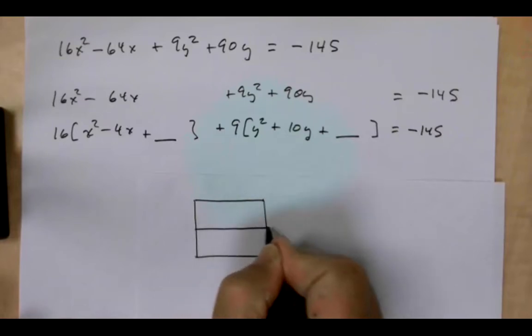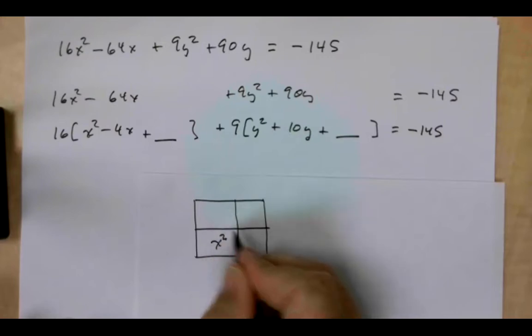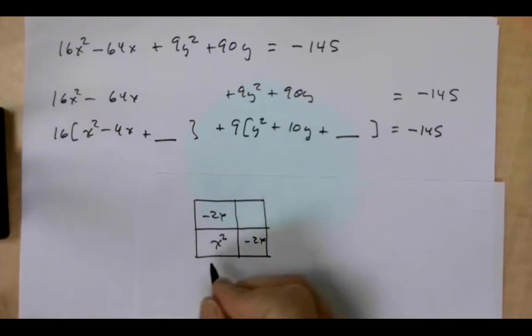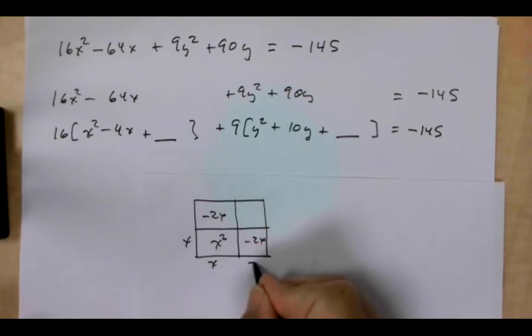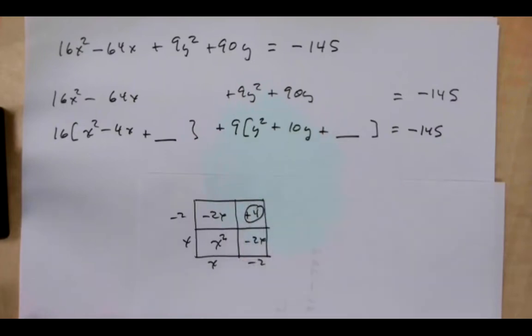So I have x squared here, and these two things add up to negative 4x: negative 2x, negative 2x. X times x is x squared, x times negative 2 is negative 2x, but negative 2 times negative 2 is positive 4. So I'm going to need to add positive 4 on the left side, and the result, of course, will be x minus 2 times x minus 2, or x minus 2 squared.